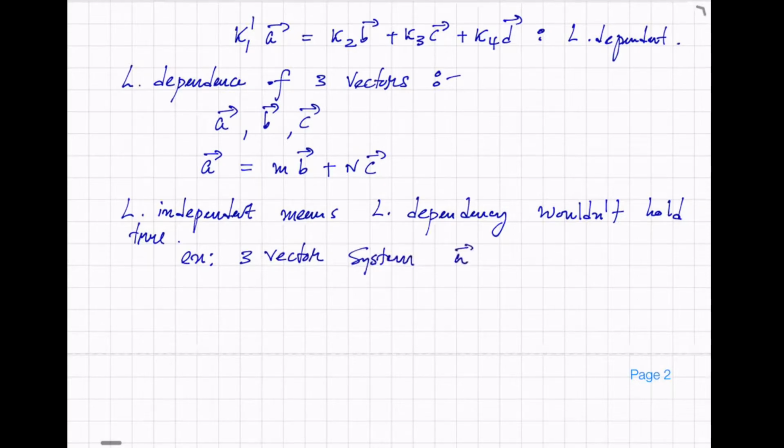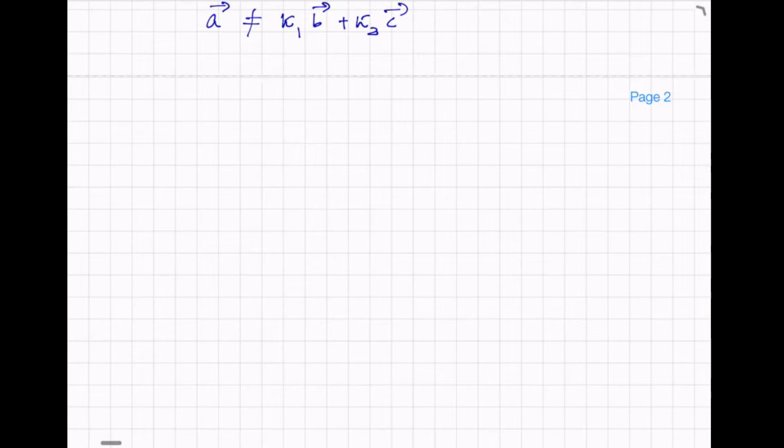If you have A vector, B vector and C vector, A vector cannot be written in terms of B vector and C vector. If this holds true, we call them linearly independent. So you can't write one vector in terms of other vectors. That's the opposite of linear dependency. Common condition for linear independency.